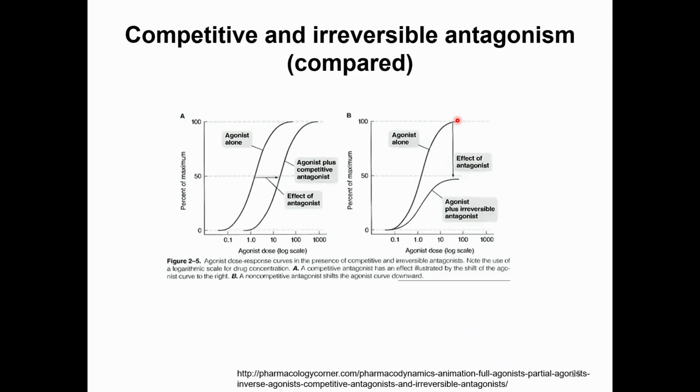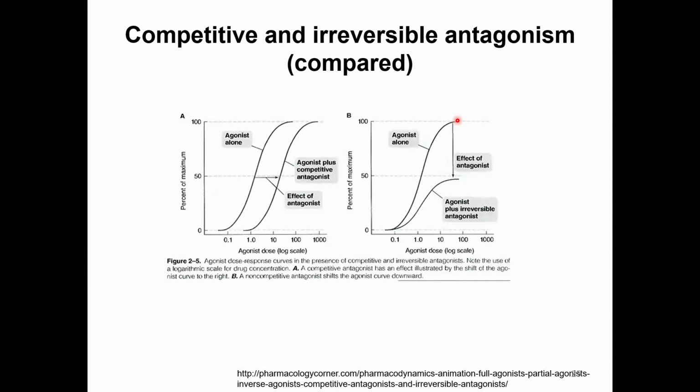So they make an adduct. And so if you have a drug that binds to a receptor and then it forms a chemical bond with the receptor, not a wimpy little hydrogen bond, like a carbon-carbon bond or something like that, then that receptor is permanently disabled. It's taken out of action. And that's what these irreversible antagonists can do.